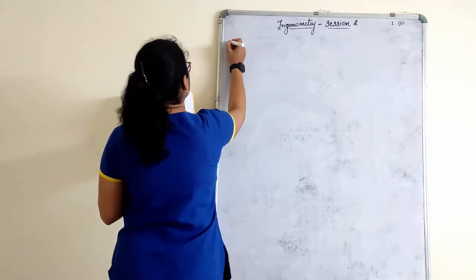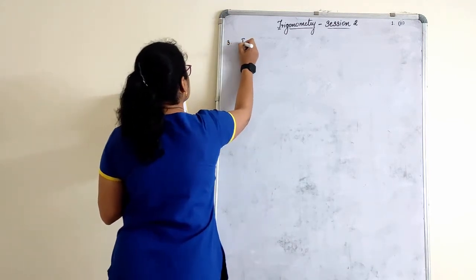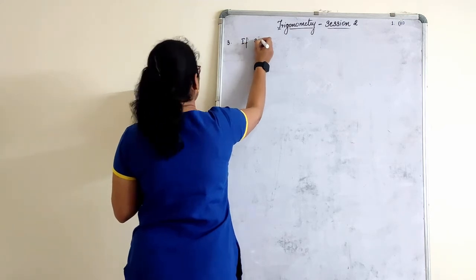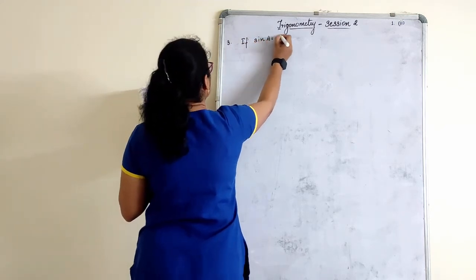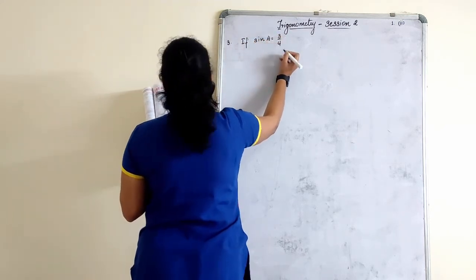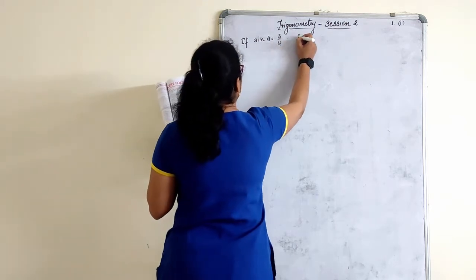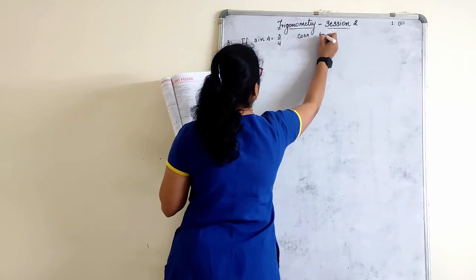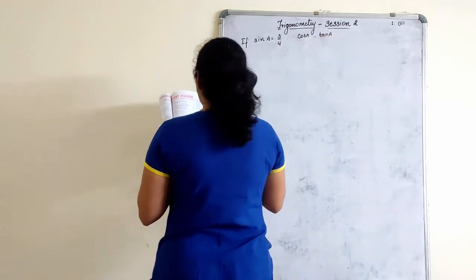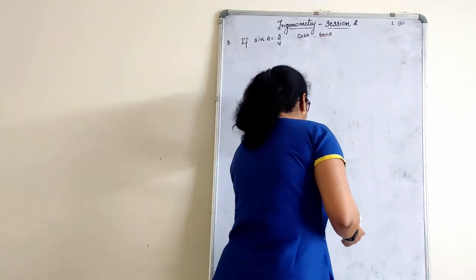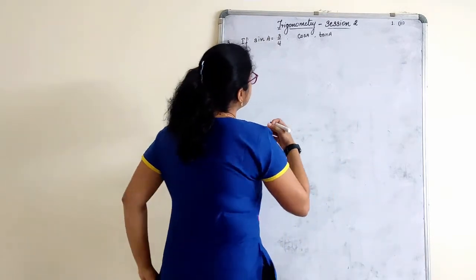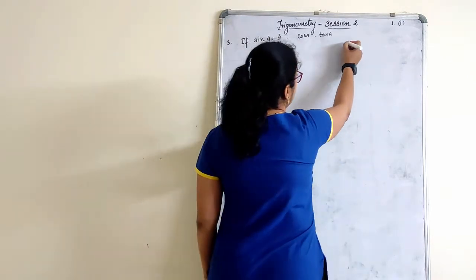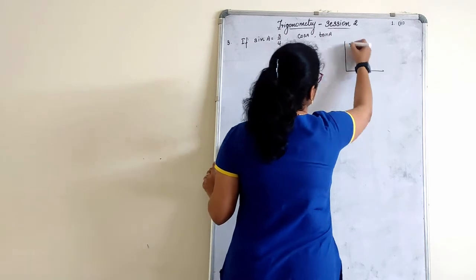Third one. If sine A is equal to 3 by 4, calculate cos A and tan A. So what they have given here is sine A value, 3 by 4. We'll first have a figure with respect to this.